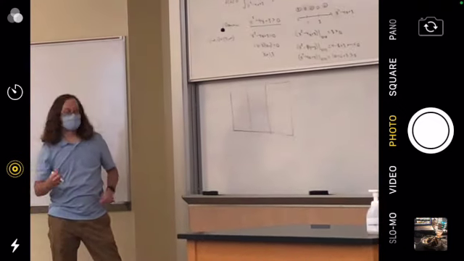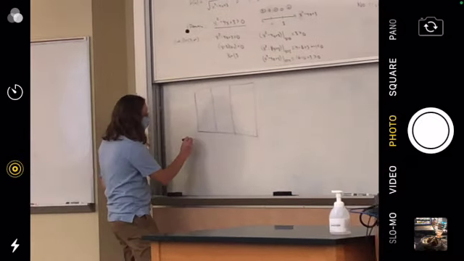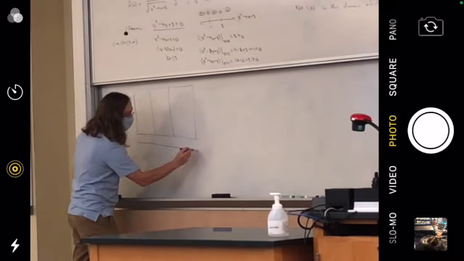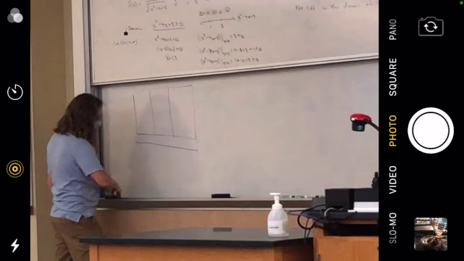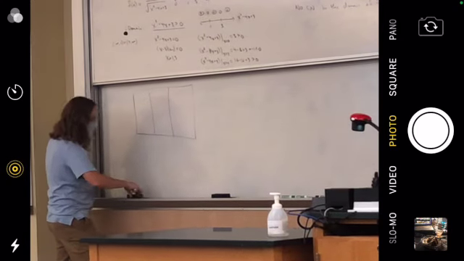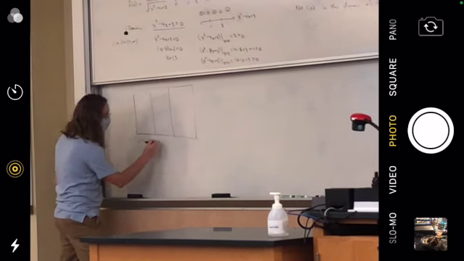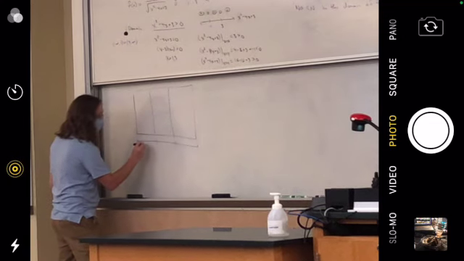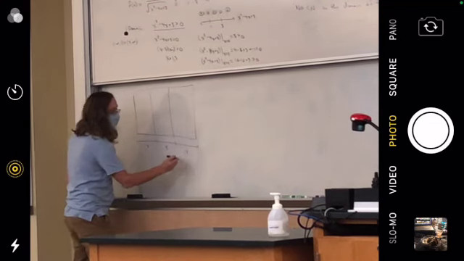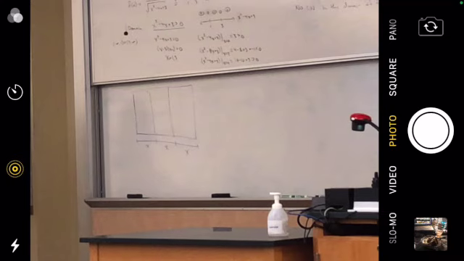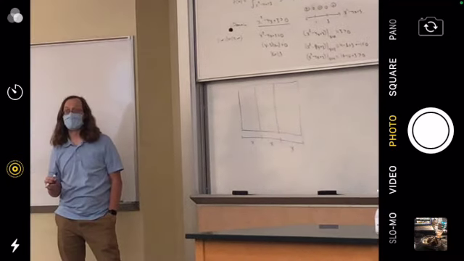Here, so we have 3 pins, right? I'm going to call this length X. Actually, I'm not. I'm going to call these length X. We said all these are basically the same rectangle.